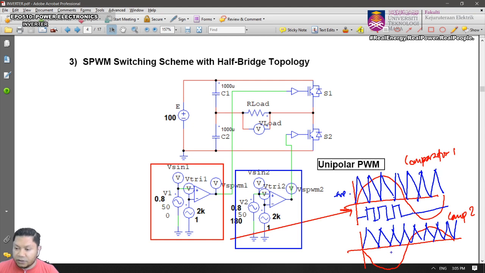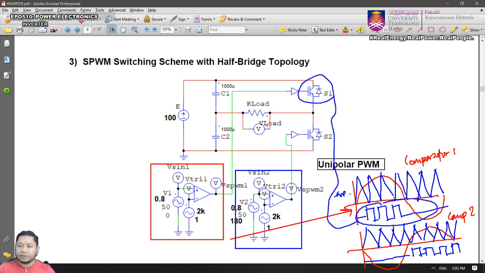And that's all for comparator number 2. For the first half, it will be 0 because Vm is lower than Vc, and after the half cycle, then you have the pulse for this. So that PWM signal will be fed to S1, and these signals will be fed to S2.